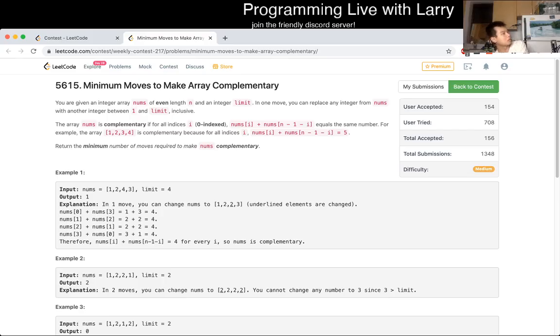Okay. So I have to do some sort of sliding window thing, I think. Okay, let's think about it. I have half an hour.